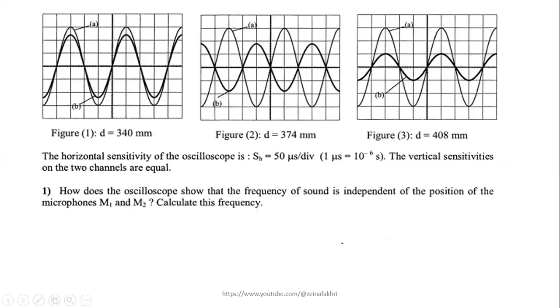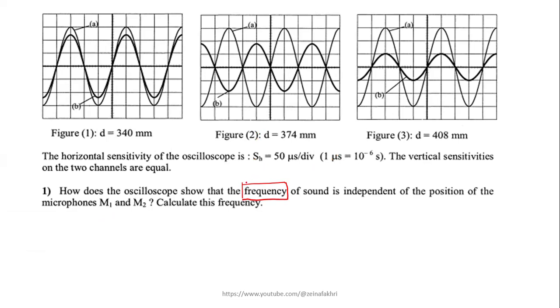So we'll start with a question: how does the oscilloscope show that the frequency of the sound is independent of the position of the microphones M1 and M2? When I'm talking about the frequency, we know that on the oscilloscope I cannot see the frequency. What I can see and calculate is the period, which is the time for one cycle.